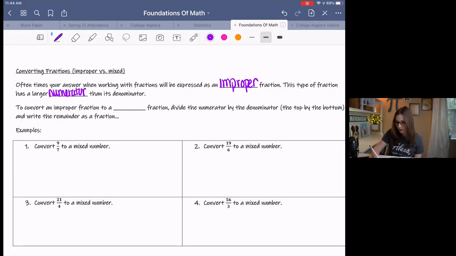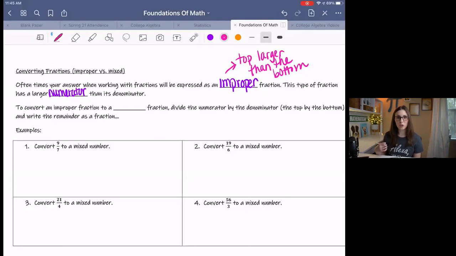So basically what this is saying is that the top is larger than the bottom. Numerator is the top, denominator is the bottom. So I usually remember that denominator is down, denominator is in the bottom. And when the top is larger, when the numerator is larger, we call that improper.